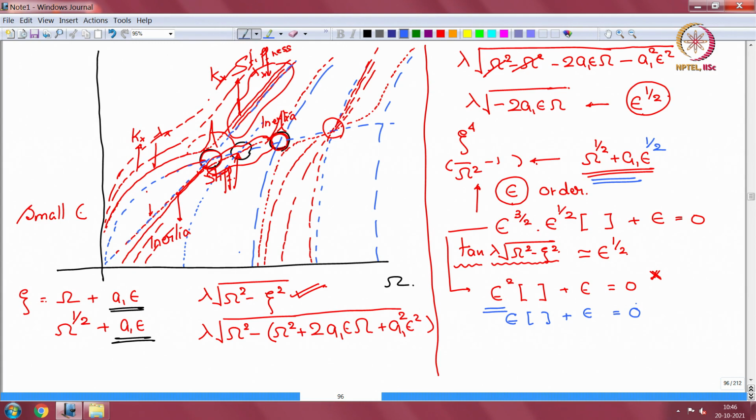So what this essentially means is that wherever you have two uncoupled roots meeting, a plane wave meeting a flexural root, you need to have half order expansions, so that the half order corrections from each of the roots multiply, they become epsilon, and then that epsilon can be balanced by this epsilon.